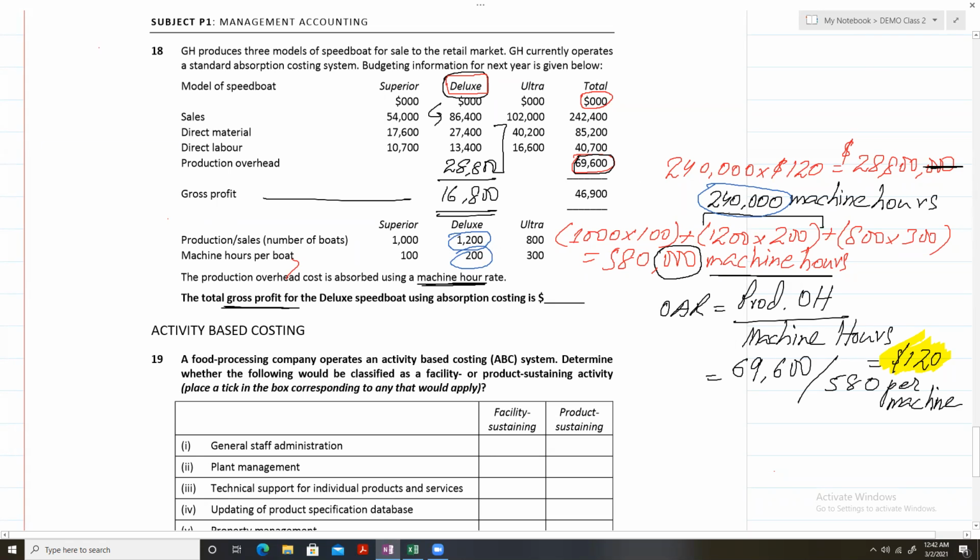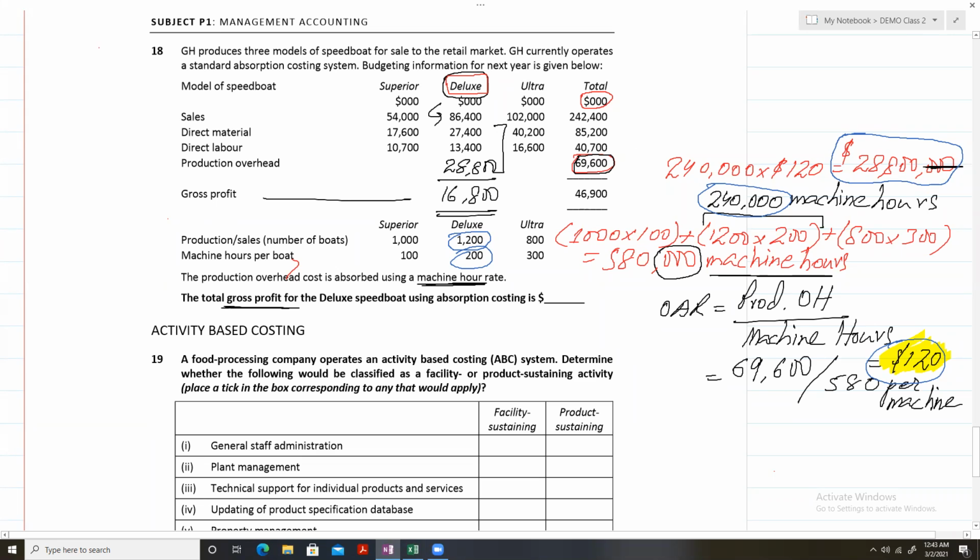Now we multiply this 240,000 by the overhead absorption rate, $120 per hour, to get 28.8 million. This figure that I am circling, 28,800,000 or 28.8 million, is the overheads apportioned to the deluxe speedboat.